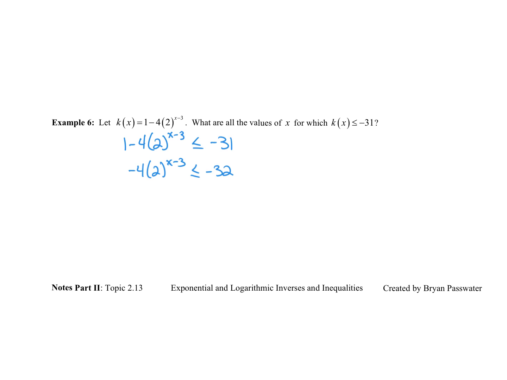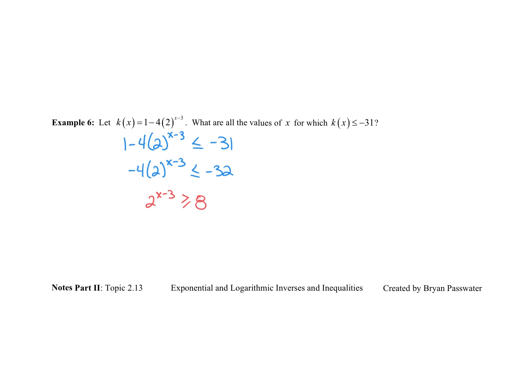Now, how do I get to my exponential equals a number? I divide by negative 4, and this is where I want to discuss this part. If I divide by a negative 4, what happens to my inequality? It flips. We're going back to our Algebra 1 days. And so now I have 2 to the power of x minus 3 is greater than or equal to 8.